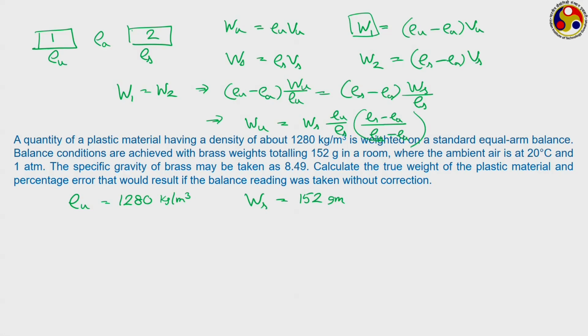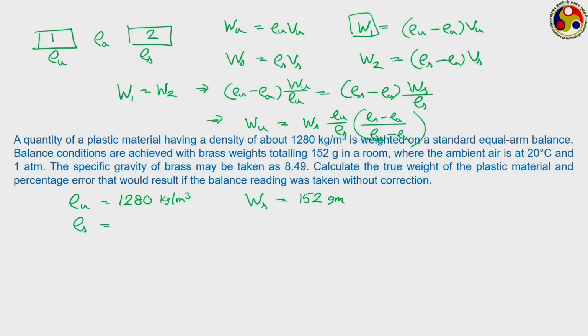So as per the reading that you are taking, you may feel that your W u is equal to 152 gram, but there may be the effect of buoyancy because you are doing this entire measurement in ambient air, at a temperature of 20 degrees Celsius and pressure 1 atmosphere. Now the specific gravity of brass may be taken as 8.49. How can we get the density rho s from there?